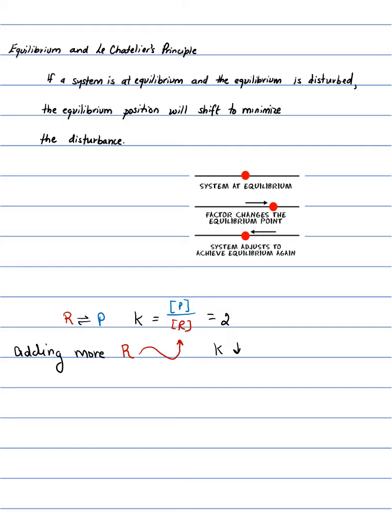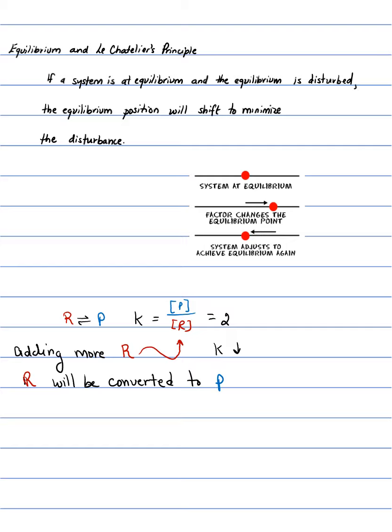What that means is that the amount of reactant that I'm adding to my reaction flask is actually going to be used up.